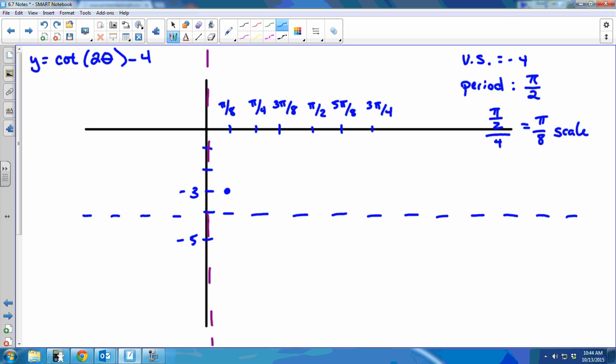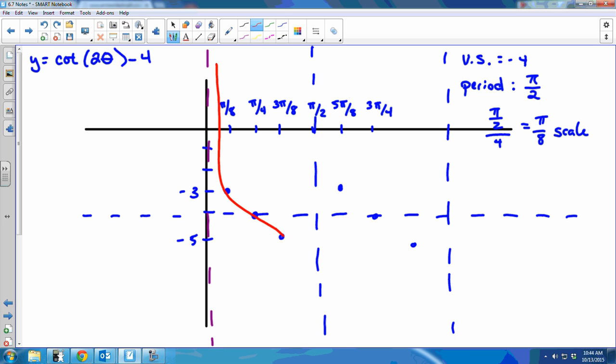So, -3, -4, -5, asymptote. -3, -4, -5, asymptote. Question. There's only 2 graphs in your homework assignment tonight, so don't freak out too much.